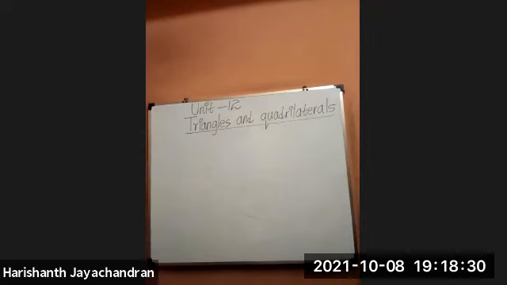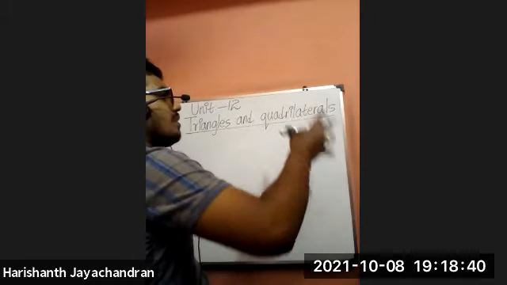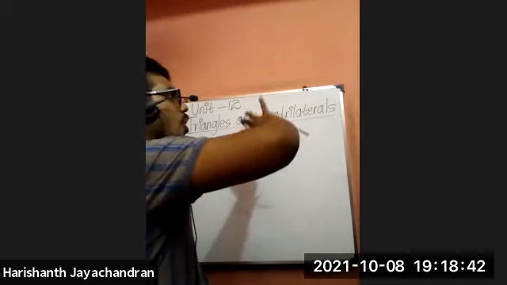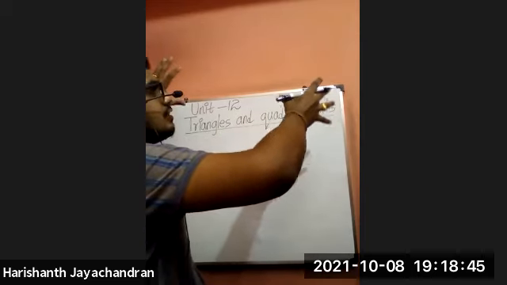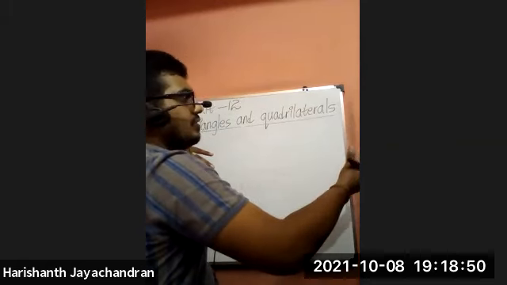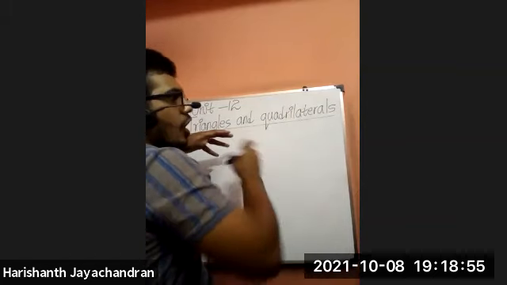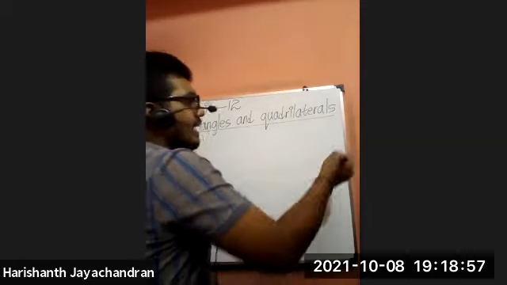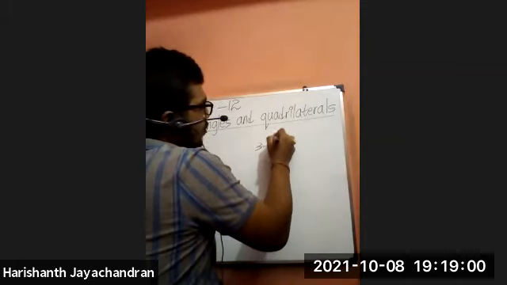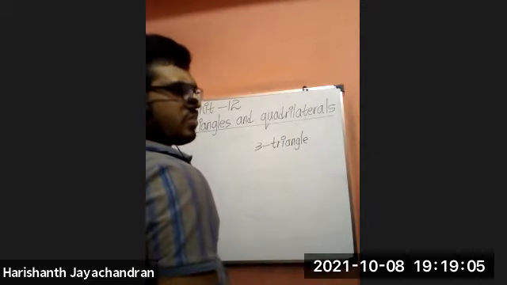But as I said, polygon is the common term given for all the 2D plane closed figures which are bounded with three or more than three straight line segments. But if a figure is formed only by using three straight line segments, then we would call it a triangle, right?